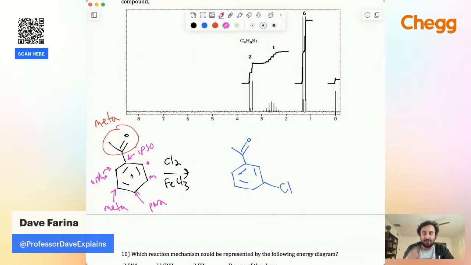So avoiding that most unfavorable pathway is going to be the best. So it goes meta to avoid that. Whereas electron donating groups are ortho-para directors because in such a condition they stabilize that positive charge.